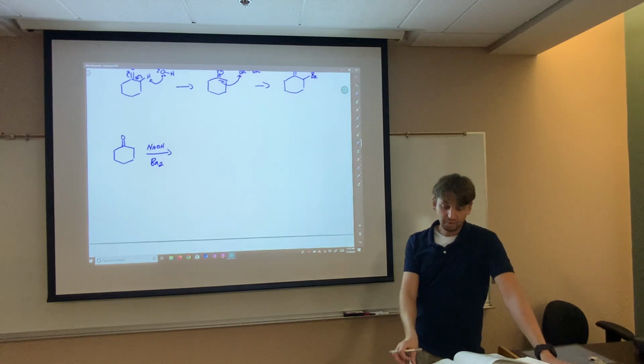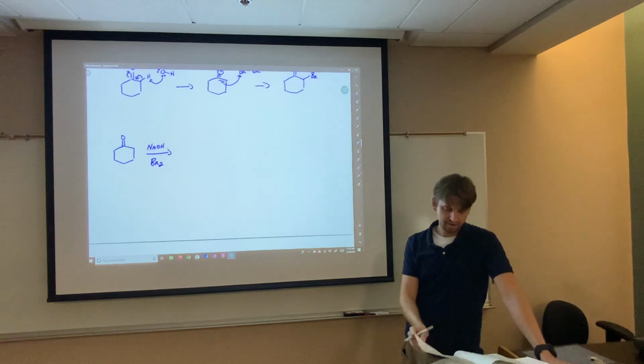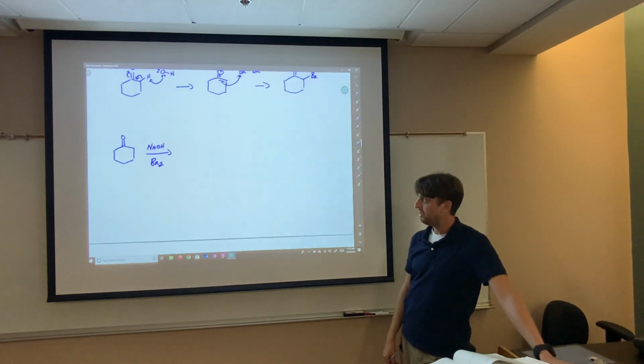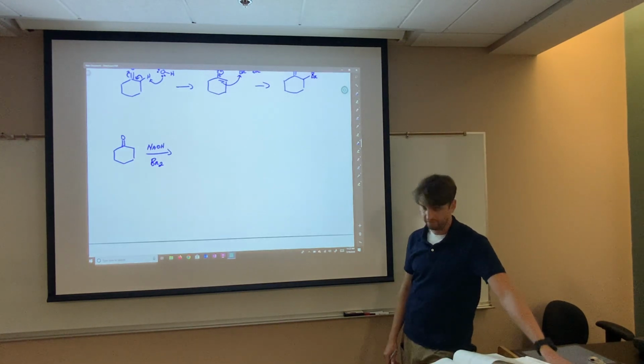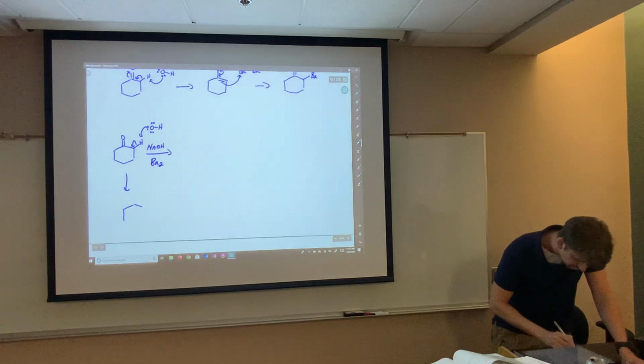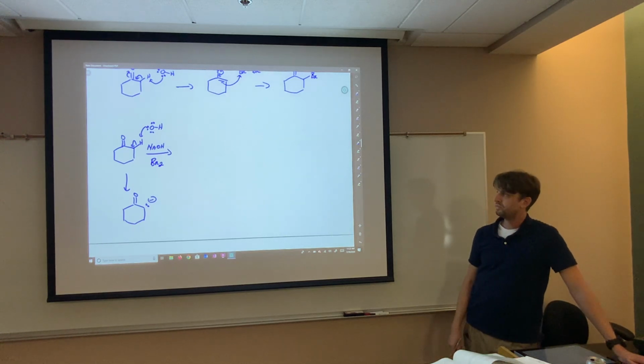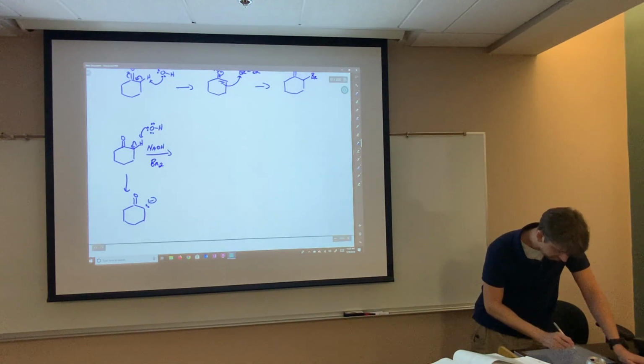So what's going to be our mechanism in this case? Well, the first thing we have to do is basically set up the enolate. And we could draw the resonance structure there if we wanted to.